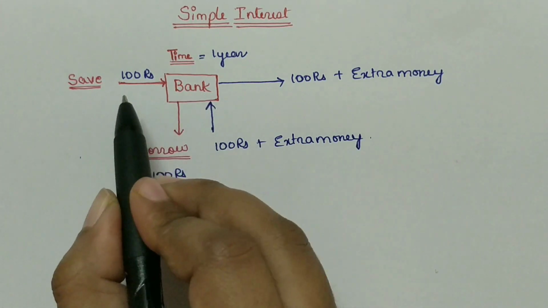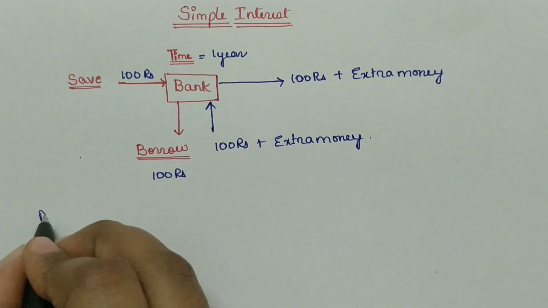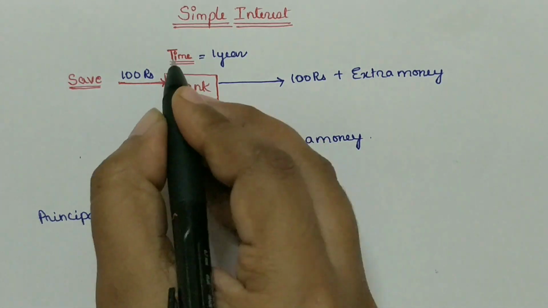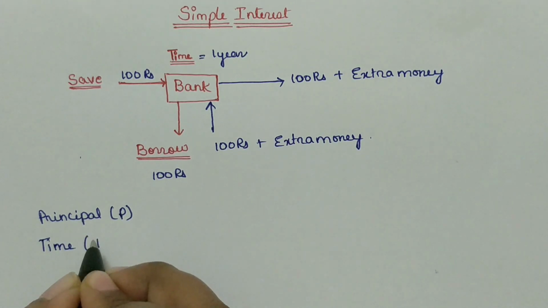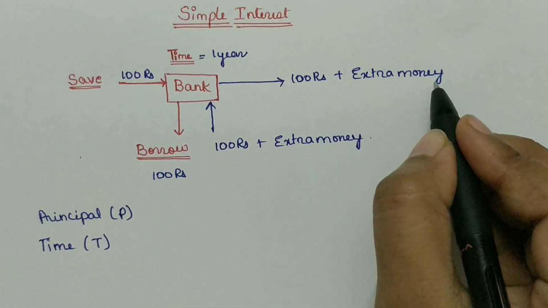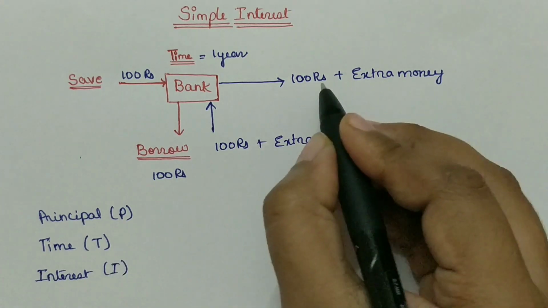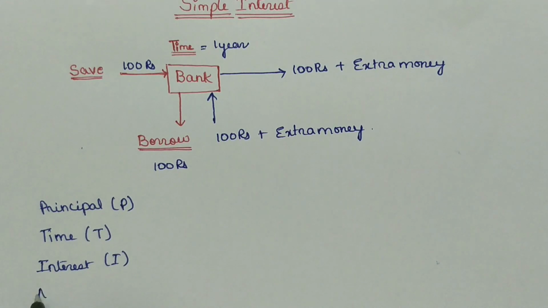The initial money that we deposit or borrow is called principal, time T. The extra money is called interest. Principal plus interest is called amount. Amount equals principal plus interest.